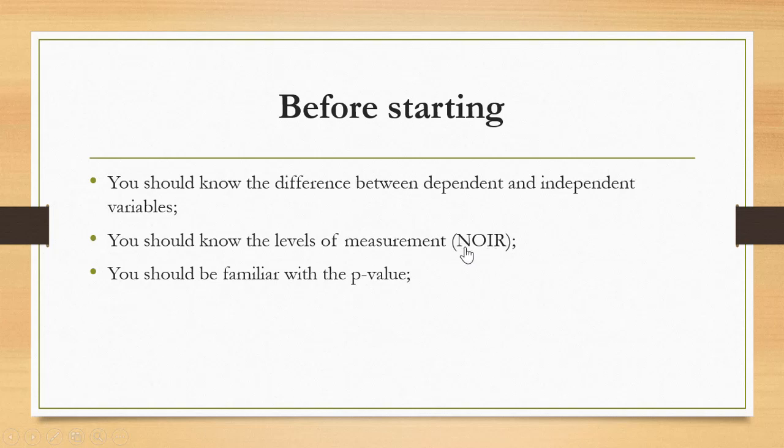Nominal or categorical, like gender, male, female; ordinal, like a 5-point Likert scale ranging from strongly disagree to strongly agree; interval and ratio. They are classified as continuous, or scale, variables in SPSS, so we're not going to distinguish between them. You should also be familiar with the p-value and the 0.05 alpha level, etc.